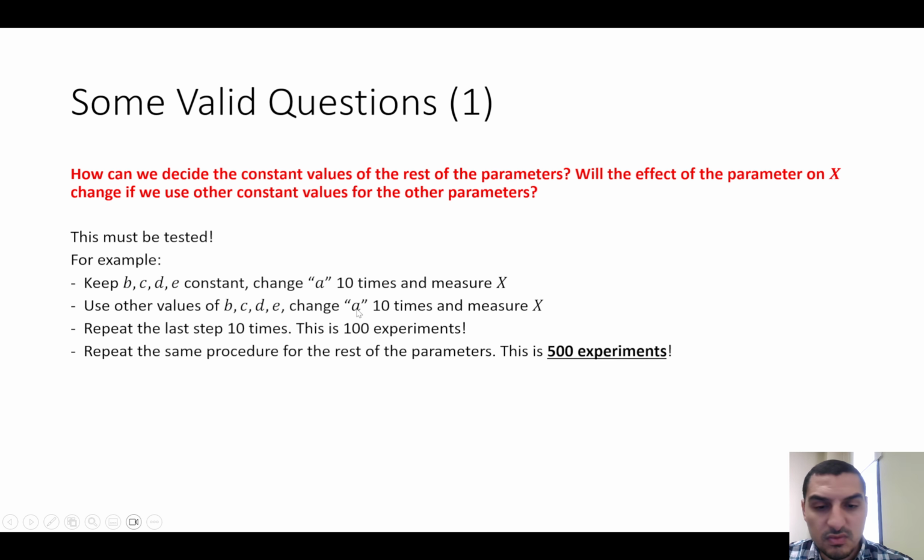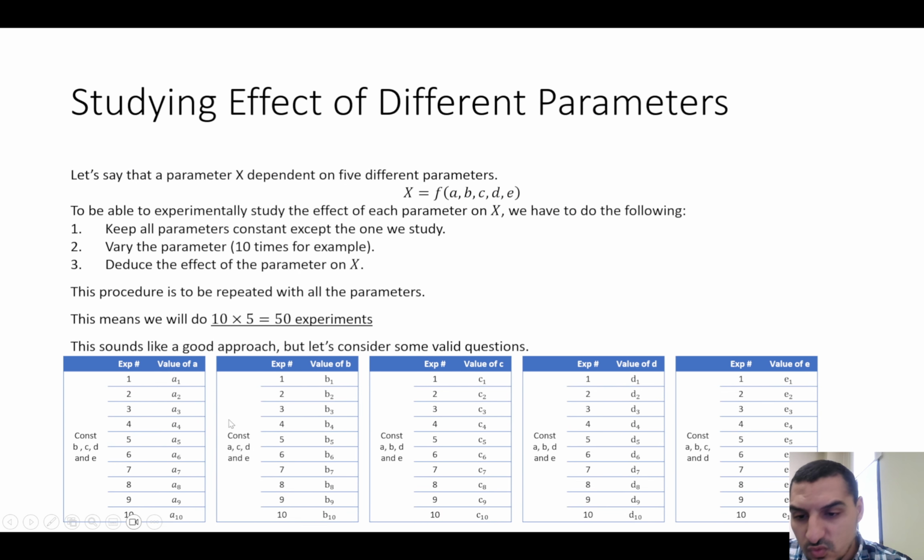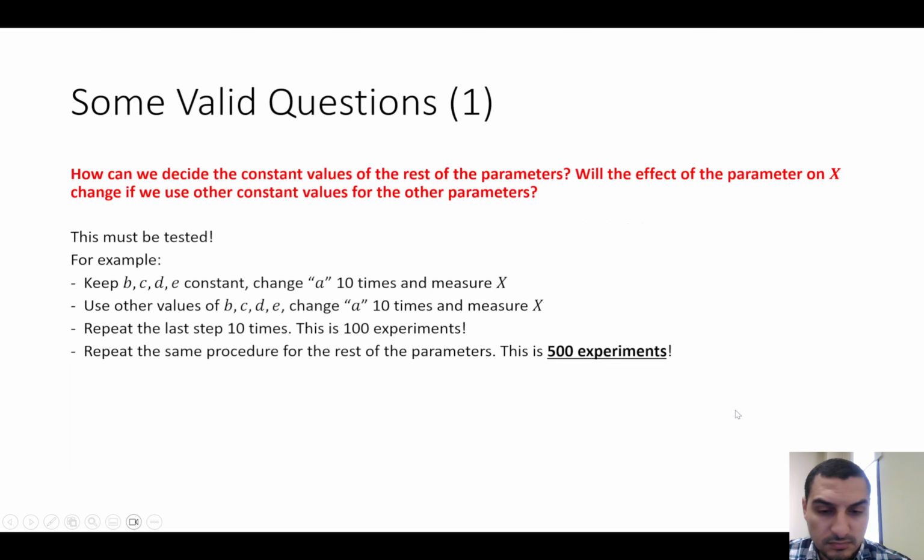Let's say we will make 10 of this table. We will have a varying from 1 to 10, and the values of b, c, d, and e are b1, c1, d1, and e1. And then we will make another table like this, but these constants are b2, c2, d2, and e2. And then another table like this, but this is b3, c3, d3, and e3, and so on.